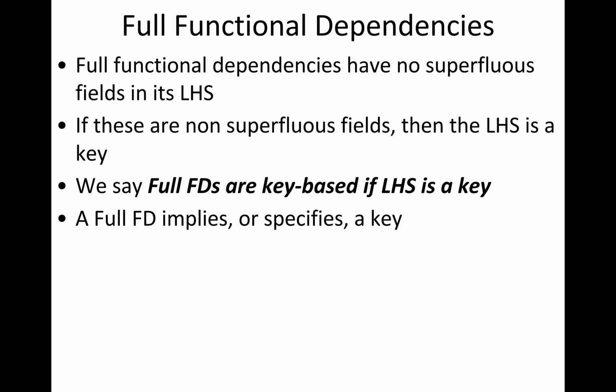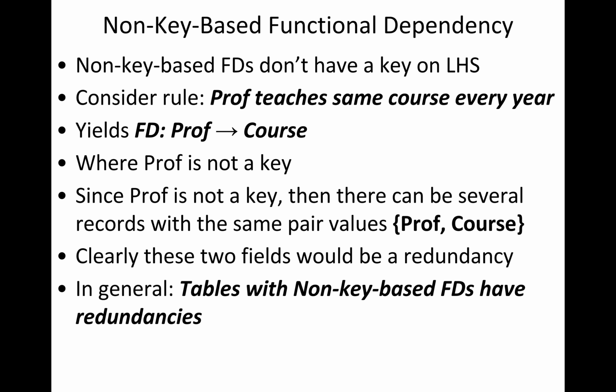Full functional dependencies are key-based, where your left-hand side is a key. Those are the ones that are good. Those are the ones you want to keep, that only depend on those keys.